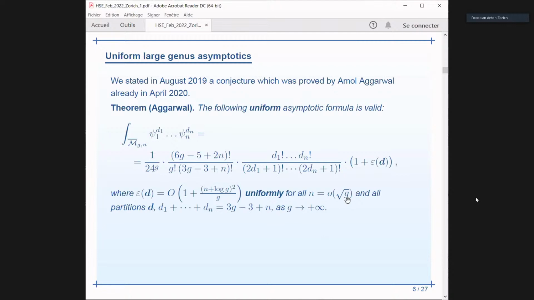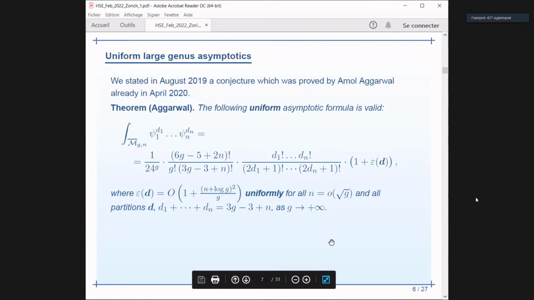And then simultaneously for all possible partitions of 3g minus 3 plus n, you get this approximation where the error term is uniformly small for all this gigantic number of partitions. So I will need this theorem of Agarwal soon.